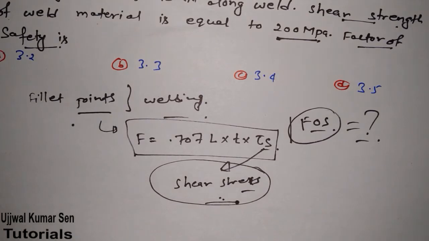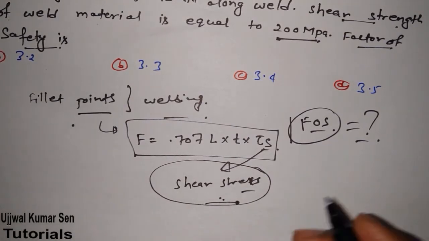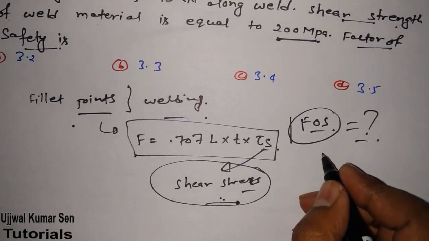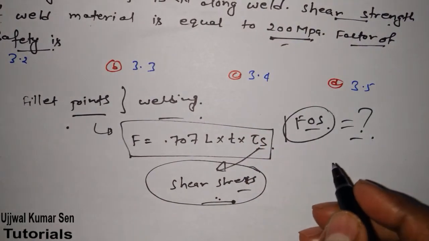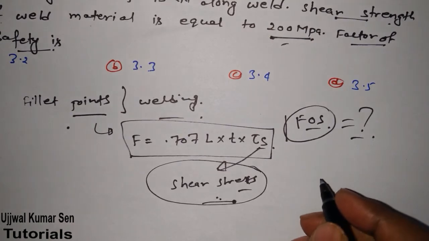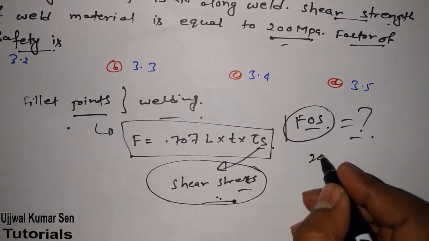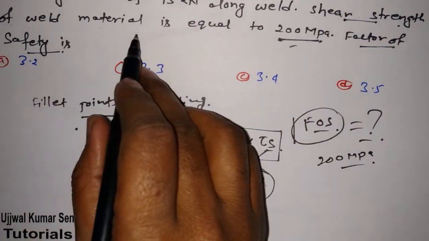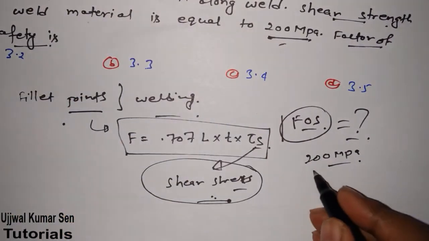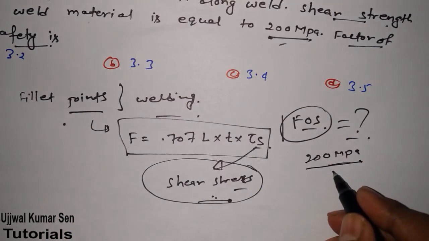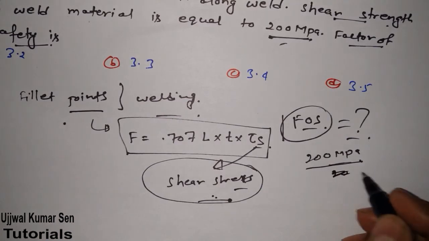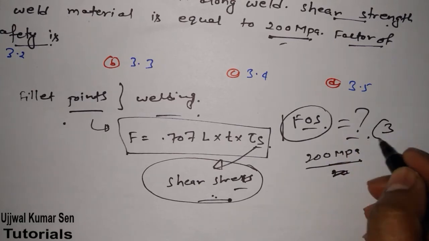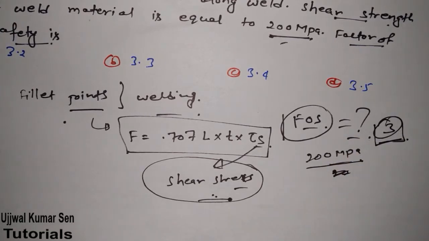So in case of factor of safety, if you are talking about load, then suppose the strength, here we have given values, is 200 megapascal, the shear strength of the weld material. And suppose we are getting 65 exactly. For your information, we give a factor of safety of about 3 in case of welding.